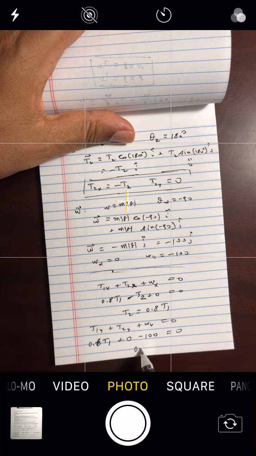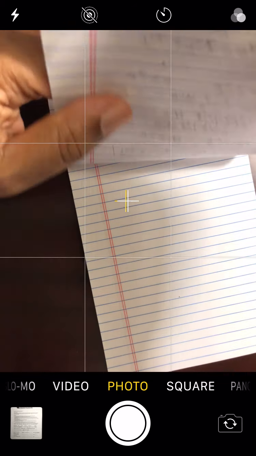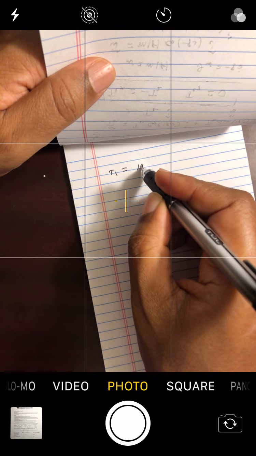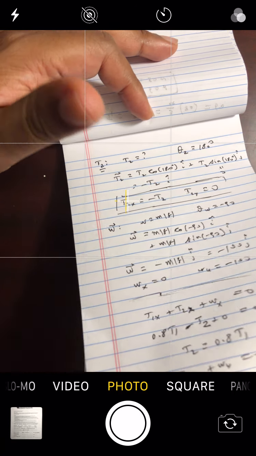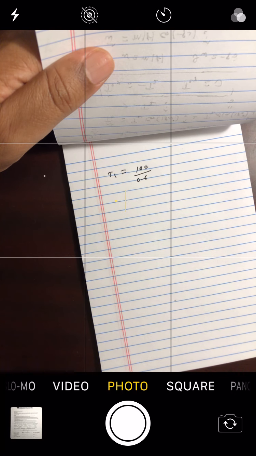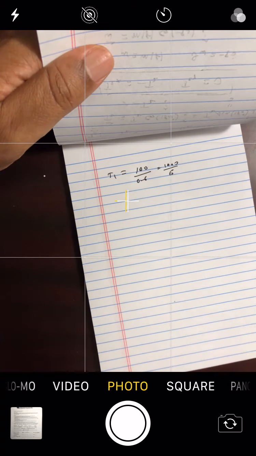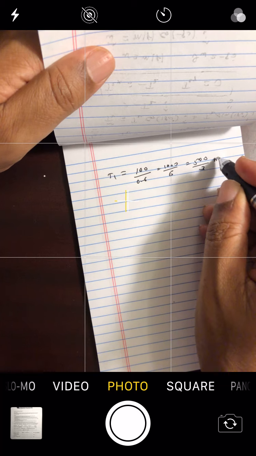So we've got 0.6 T1 equals 100. So you can solve for T1 from this equation. So T1 is 100 divided by 0.6, or 1000 divided by 6, and then that's 500 over 3. That's 500 over 3 newtons.